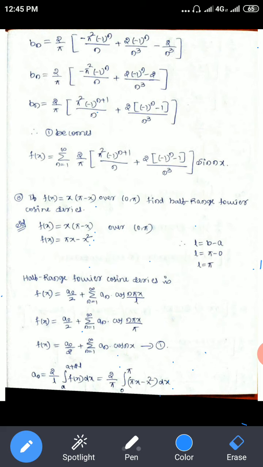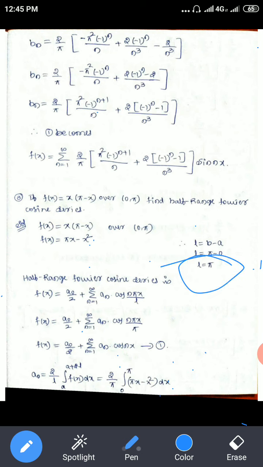F of x is x into pi minus x, that is pi x minus x square over 0 to pi. So a is 0, b is pi. Length of the interval is b minus a, so L is equal to pi minus 0. Therefore length of the interval is pi.